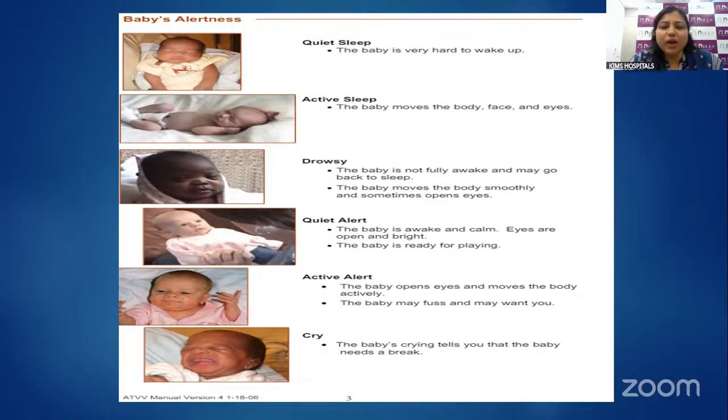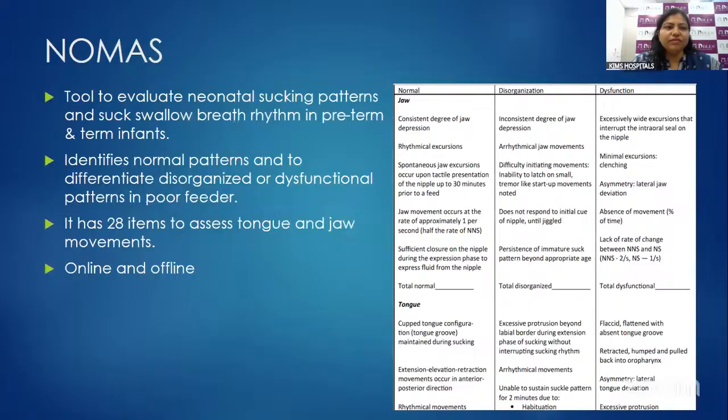If the child is quiet alert, the child will open the eyes and look here and there. Active alert, the child's eyes are a little wide open and some more movement will be observed. Maybe sometimes they are about to go into fussiness and all. And of course the crying we all know. So these are the six states which we should be aware of.